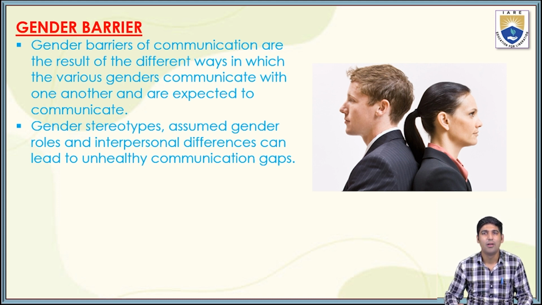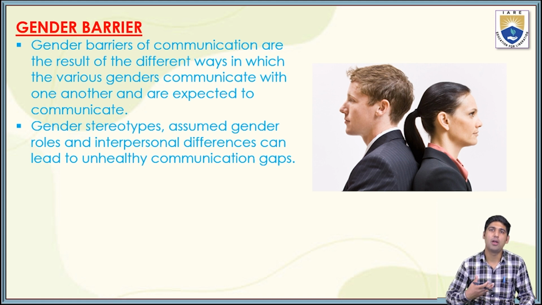How? For example, we have this idea about women, about ladies, that they are soft spoken. It doesn't mean that if we do injustice to them, they will remain soft spoken. This is the result of the false assumption which we have made. For example, when a lady speaks in an assertive tone, we treat it as indiscipline.